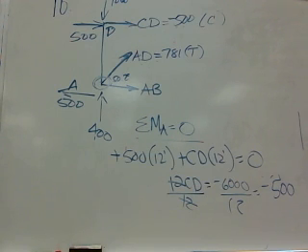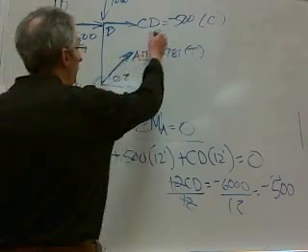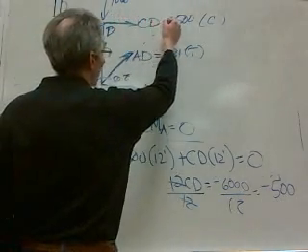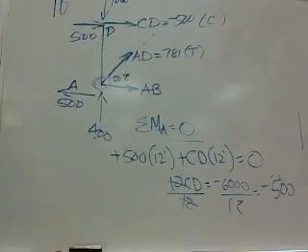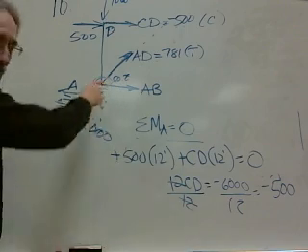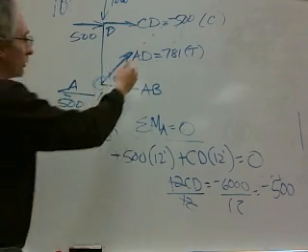How are we going to solve for AB? Well, we've got choices. We could do the X equation now if we wanted to. We could also sum moments about point C. I've got this labeled as AD, but this is really AC here.